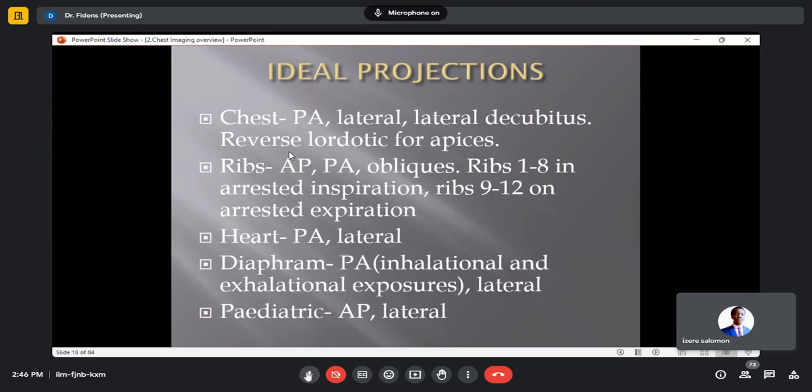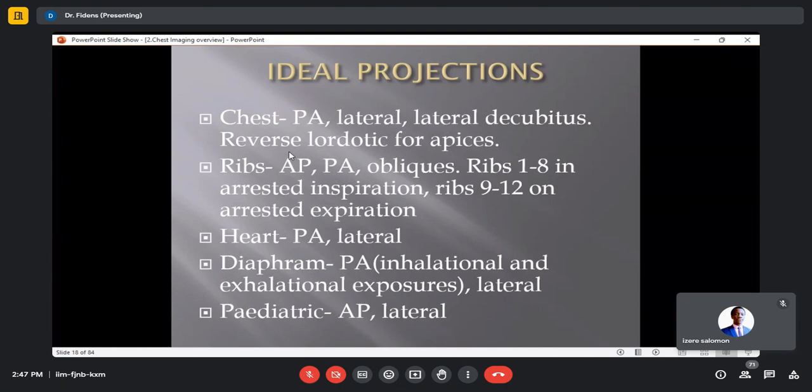From the physics, when a structure is far from the light, that structure will become smaller.